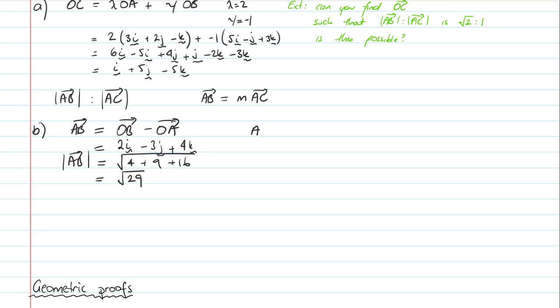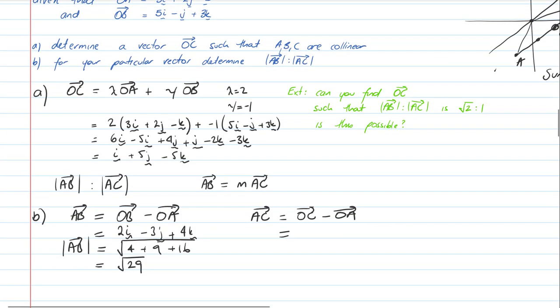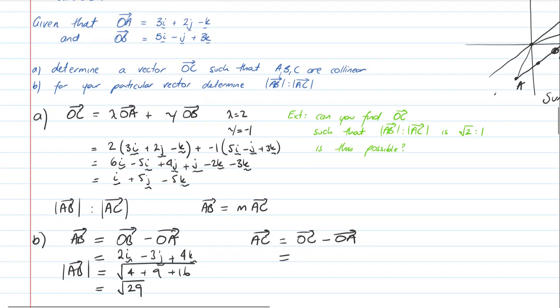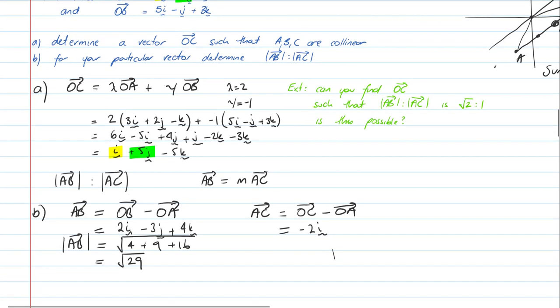And then we're talking about AC. So AC is going to be equal to OC minus OA. And OC minus OA, again, I'll do this quickly, is 1i minus 3i is negative 2i. 5j minus 2j is plus 3j.